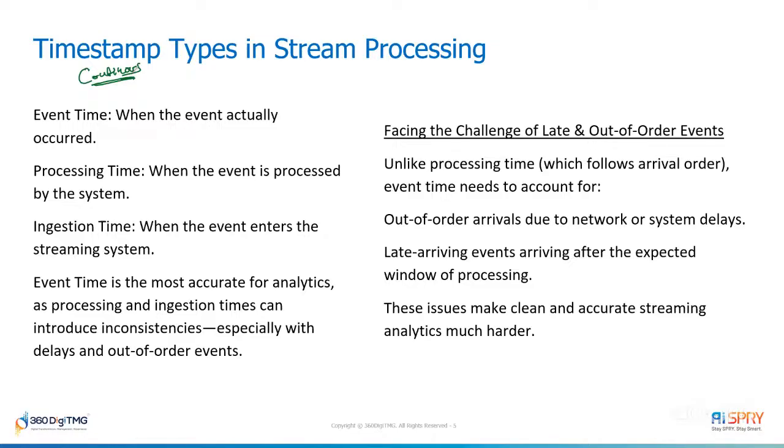Meaning they are collected continuously by data streams like Kafka. Say, let us take transactions. When a transaction is made, that is event time. When the event actually occurred, that is event time.